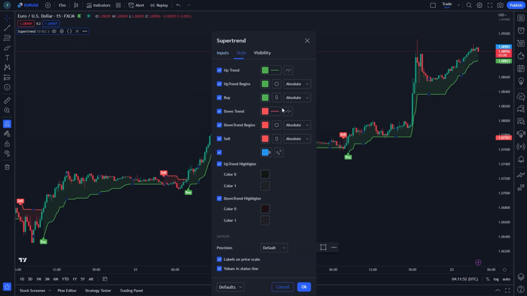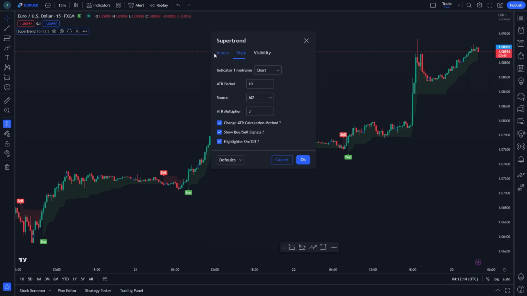On style, uncheck the uptrend, uptrend begins, downtrend, and downtrend begins. On input, change the ATR multiplier to 4. Click OK.